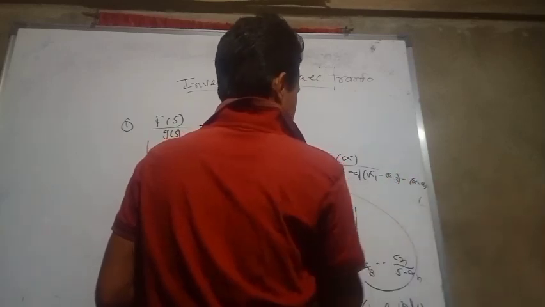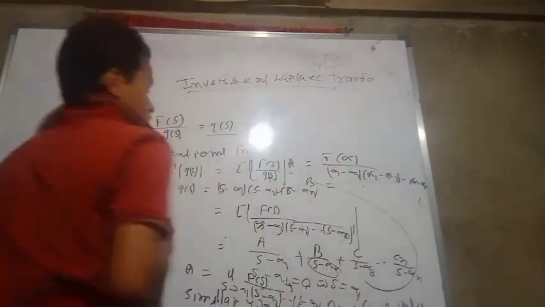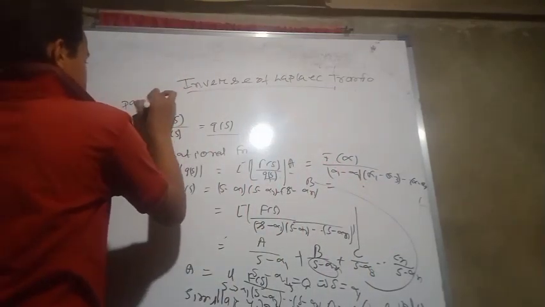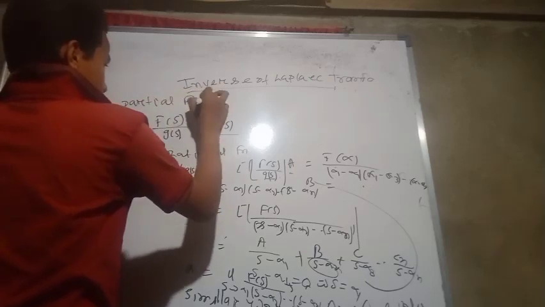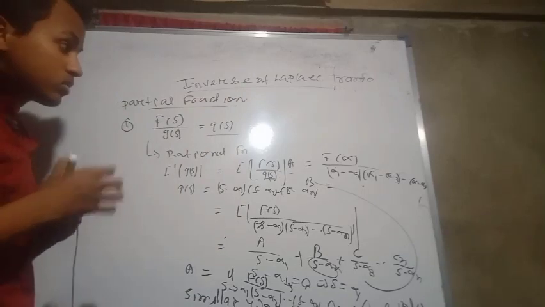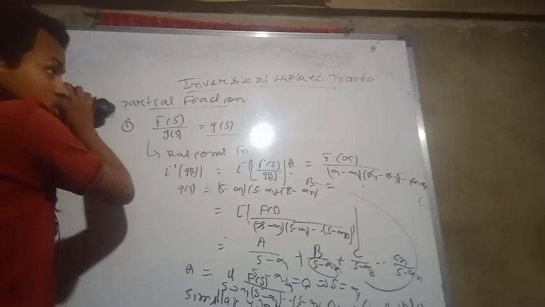So that will give us the values of A, B, C, and so on. That is how we do the partial fraction.